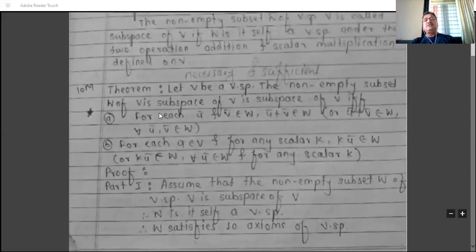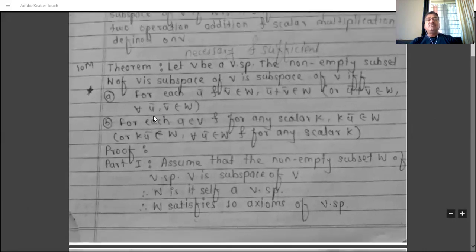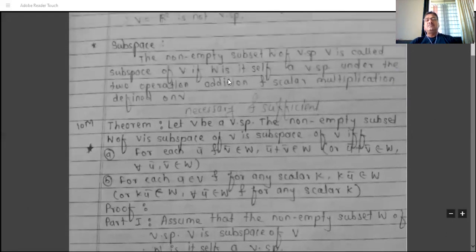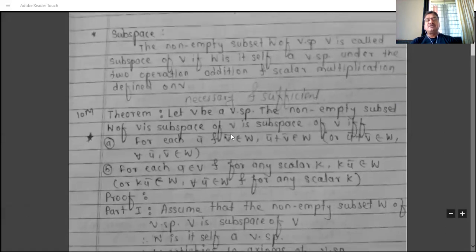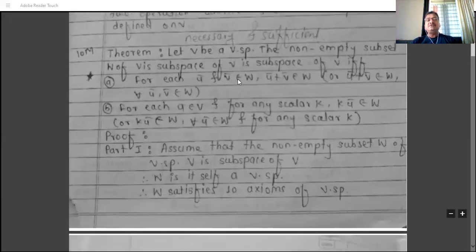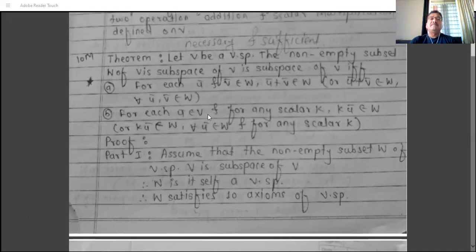If we have to show that W is a subspace of any vector space V, there is no need to show that W satisfies the 10 conditions. Just show that W satisfies these two conditions and then W becomes a subspace. So in order to solve examples of subspaces, this theorem is important.